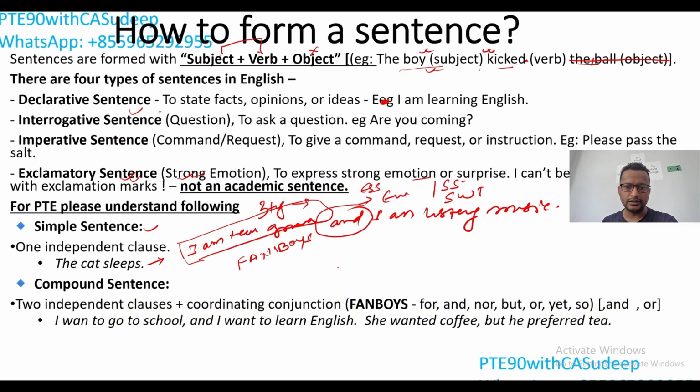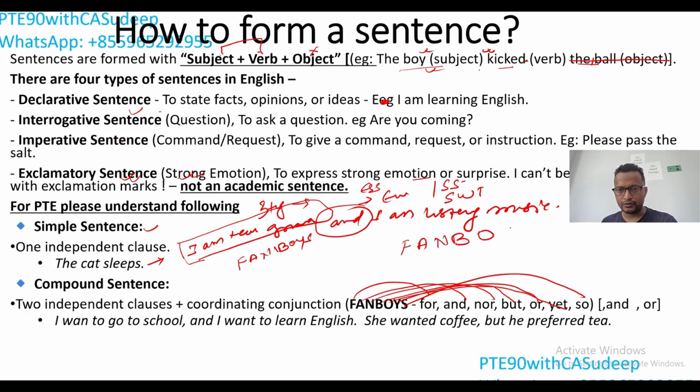So what is FANBOYS? F equals for, A equals and, N equals nor, B equals but, O equals or, Y equals yet, S equals so. FANBOYS: F A N B O Y S.